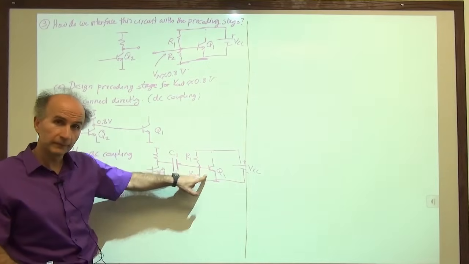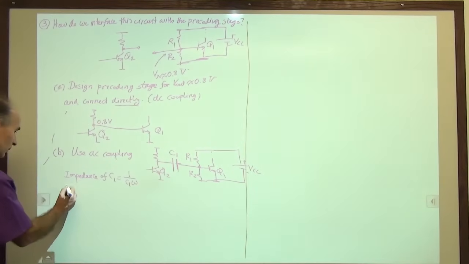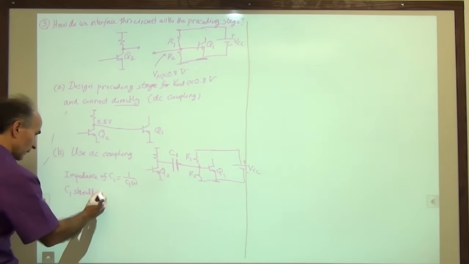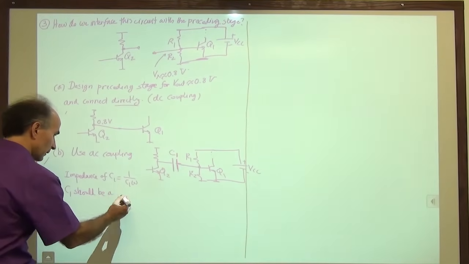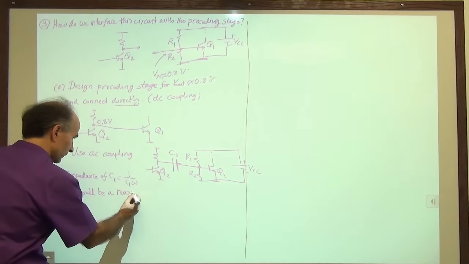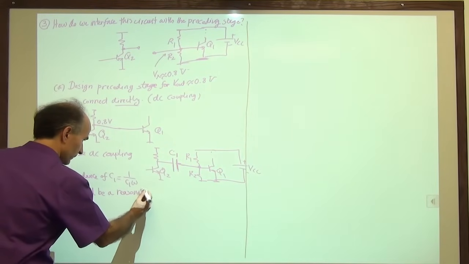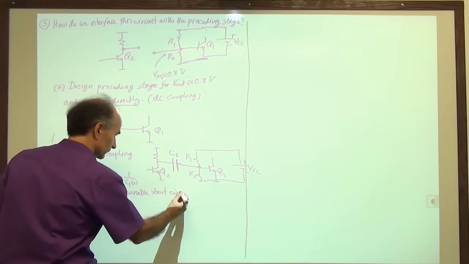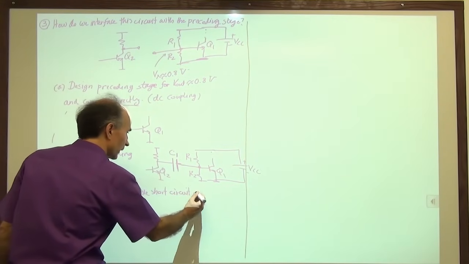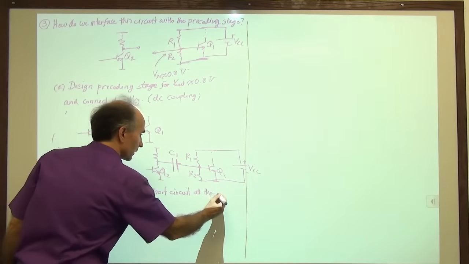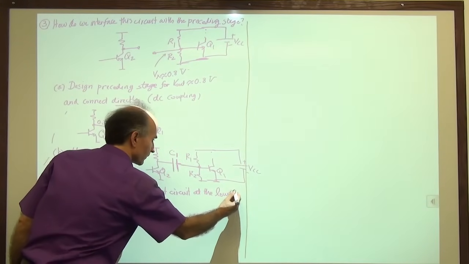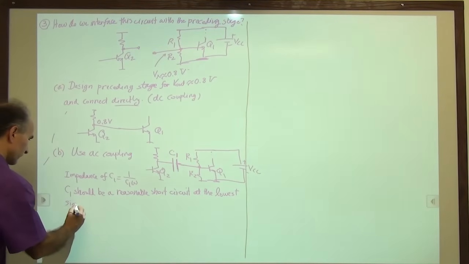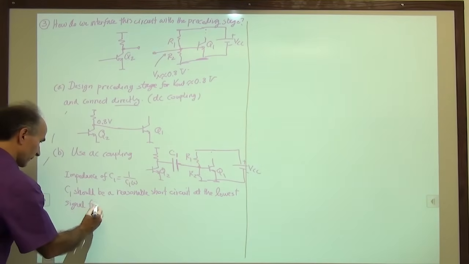so that the signal goes all the way through? So we say C1 should be a reasonable short circuit at the lowest signal frequency.